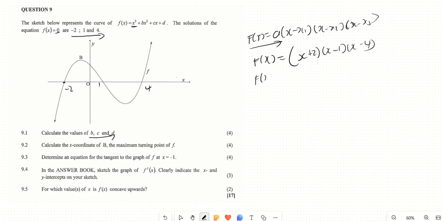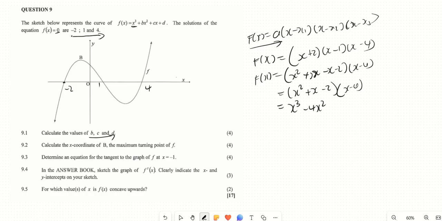Then now we will multiply this out. We have x times x, which is x squared, plus 2x, times x minus 1, times x minus 4. Then we have x squared plus 2x, x minus 1, times x minus 4. So now we have x squared times x, which is x cubed. x squared times minus 4 is minus 4x squared. x times x is x squared.